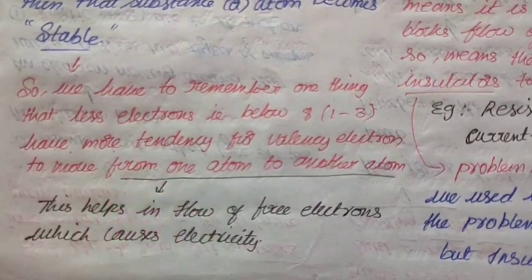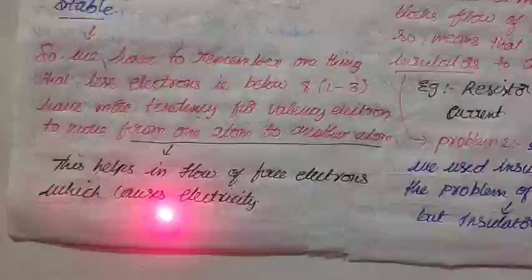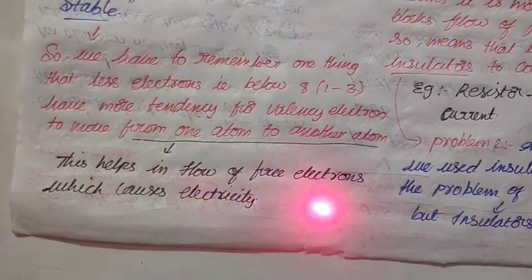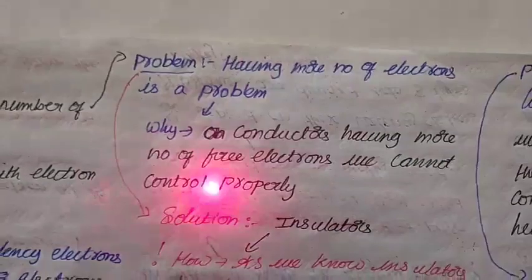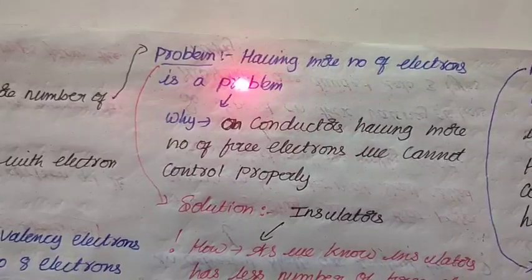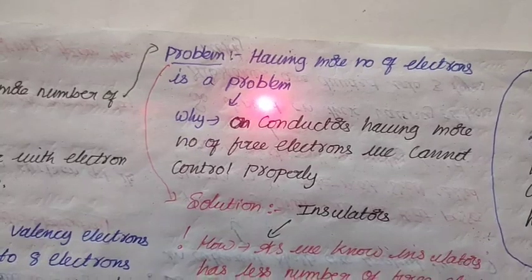This helps in the flow of free electrons, which causes electricity. So we understand that the flow of free electrons causes electricity. We have one problem: having more electrons is a problem. Do you think so? Yes, it is a problem.